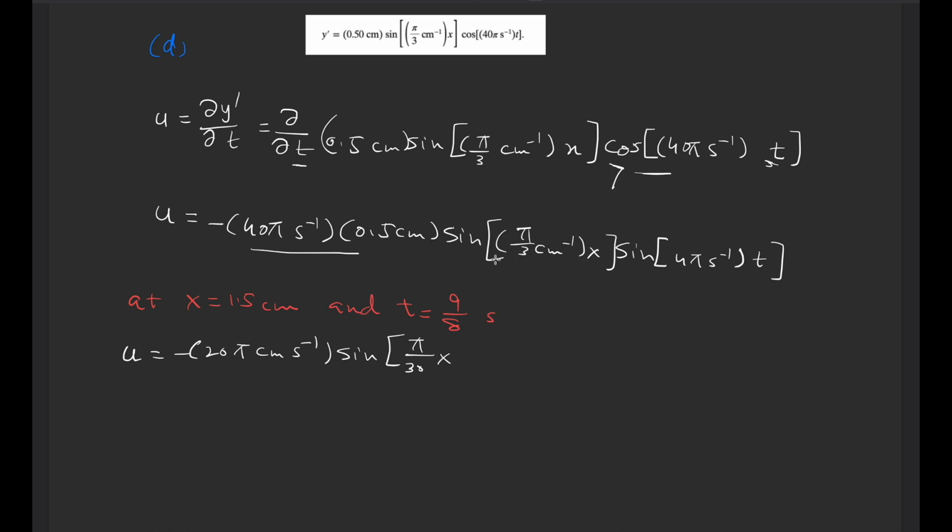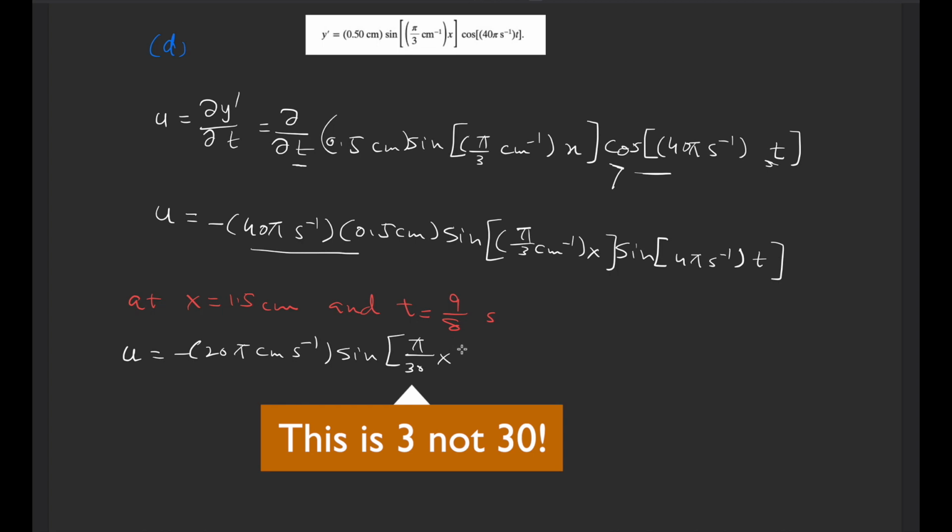So x is 1.5, so multiply by 1.5, sine of 40 pi into t. So t is 9 by 8.